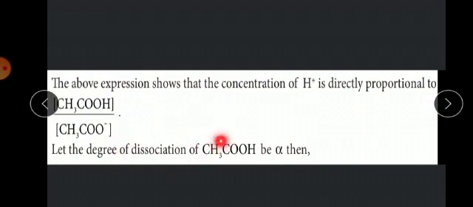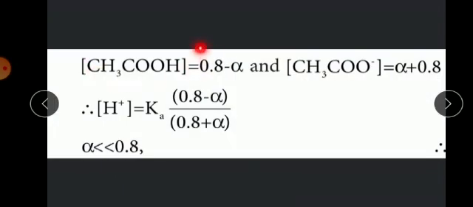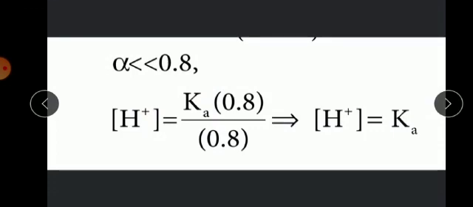So with degree of dissociation of acetic acid being alpha, CH3COOH is equal to 0.8 minus alpha and CH3COO minus is equal to 0.8 plus alpha. So H plus is equal to Ka times 0.8 minus alpha divided by 0.8 plus alpha. Alpha is less than 0.8, so what will happen? Alpha is much less than 0.8.